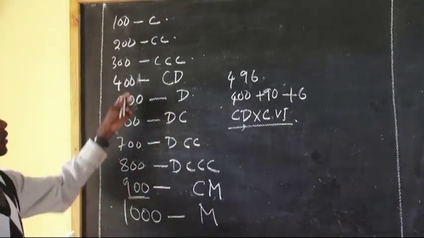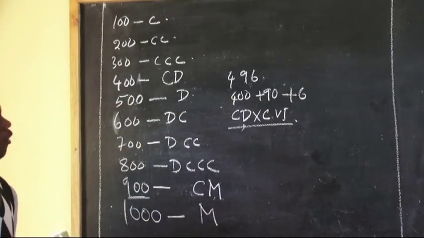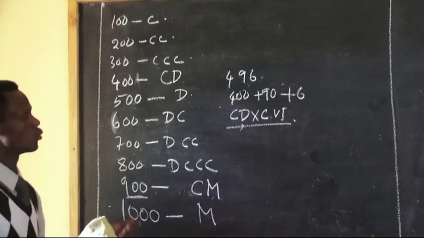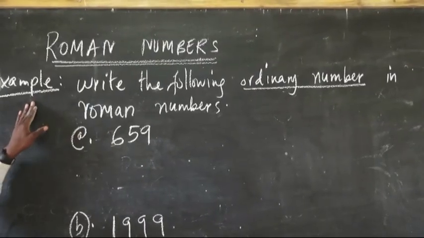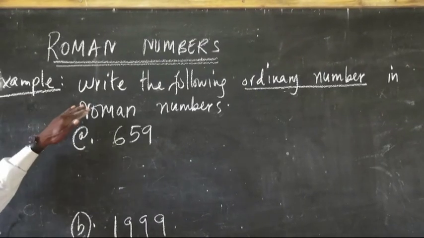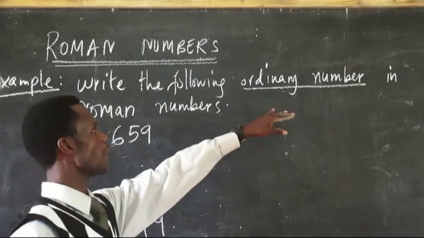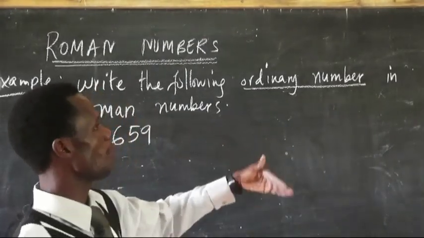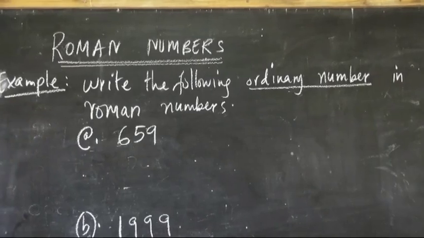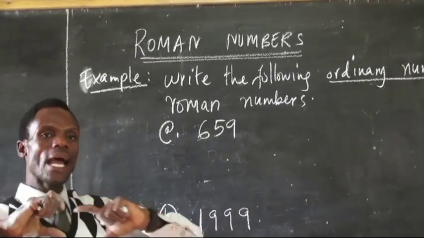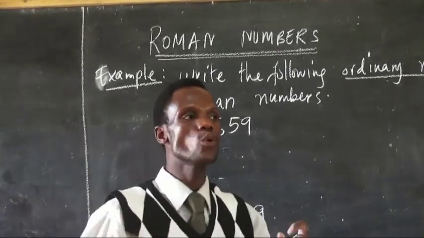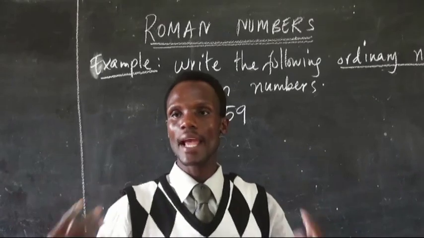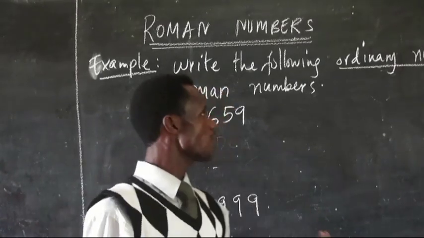Now, let us see more examples on how to write Roman numerals in different cases. The example here is to write the following ordinary numbers in Roman numerals. As I said earlier, we write Roman numerals the way you sound them, the way you read them, the way you pronounce them.